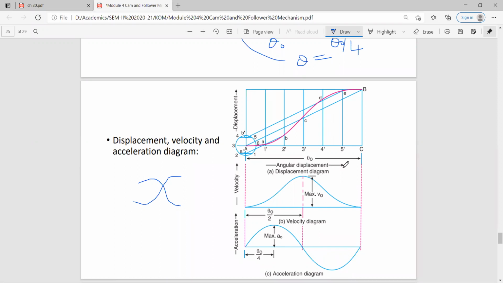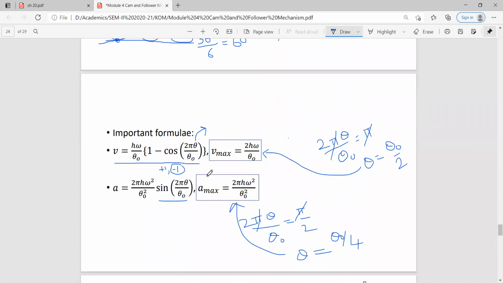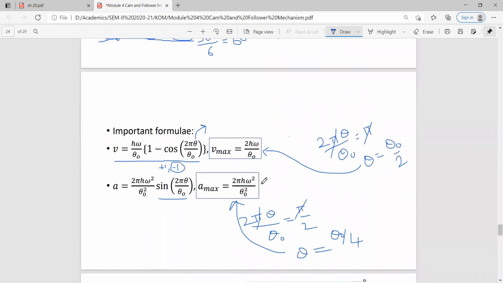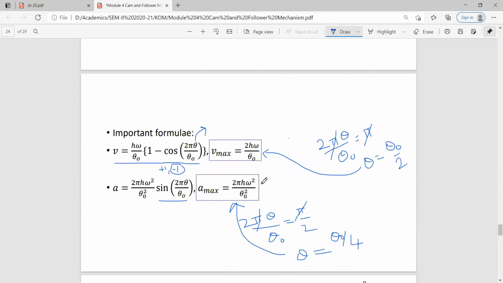Getting this diagram, I will give you time to note down these formulae in 2 minutes. Then 2 minutes I will give to note down the diagram.